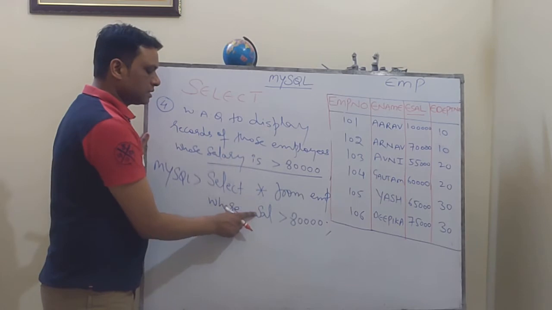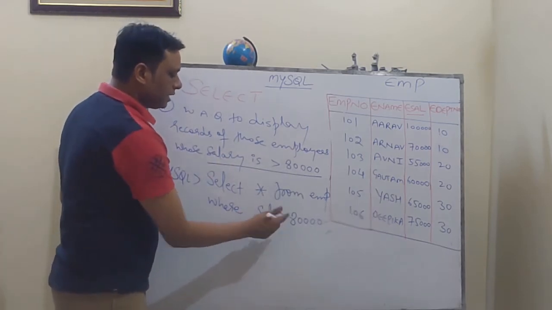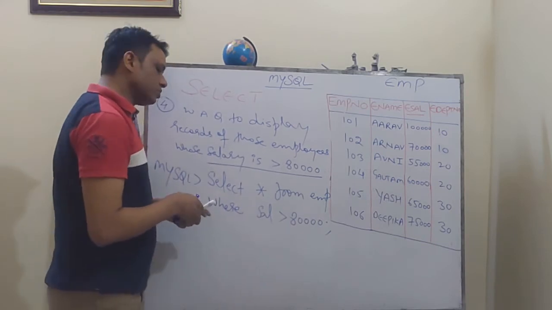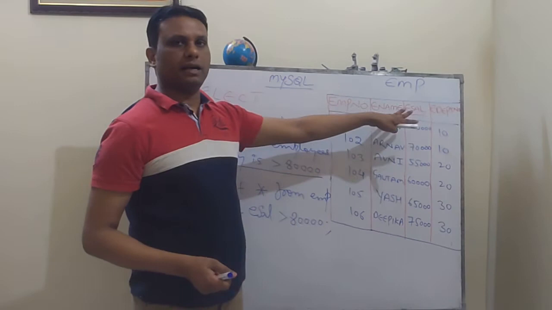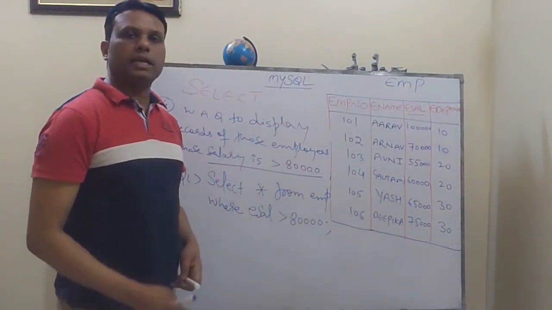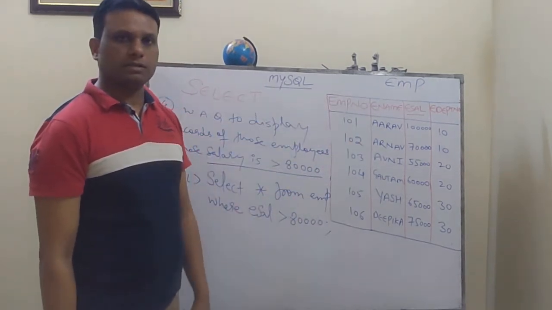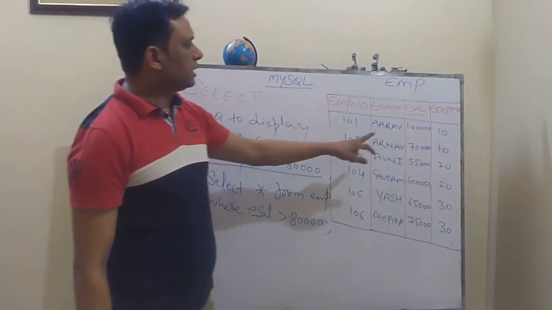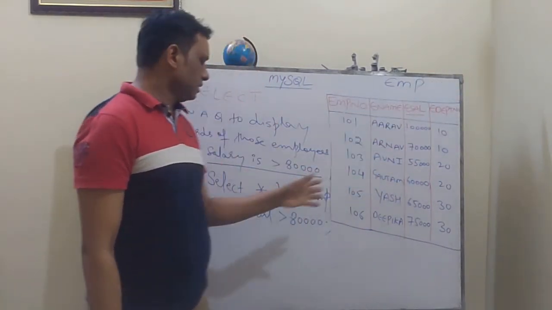If you write just sal, or salary or E salary, you will get an error message, because only E sal is defined here, not E salary or any other name. Just think which record you will get out of this. You will get only one record, that is Arav's record, 101, the entire record.